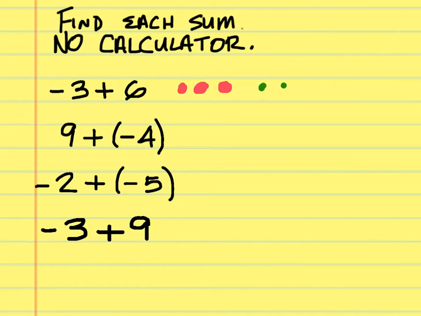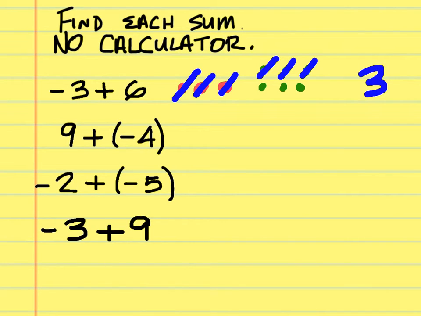I have 1, 2, 3, 4, 5, 6 positive. If you're adding positive and negative numbers, you can pair up the negative and positive signs. For every negative, I cancel out a positive. What am I left with? 3. So the answer is +3.